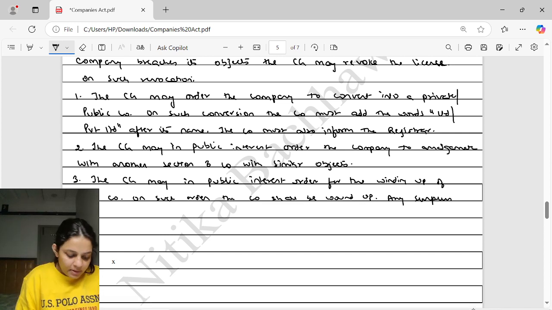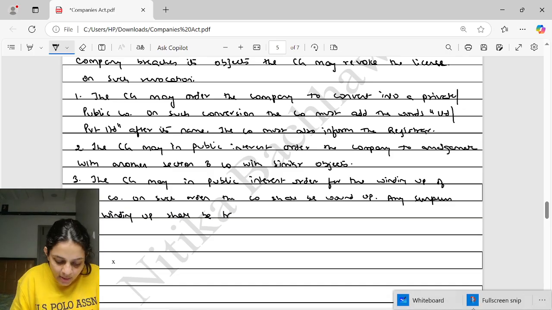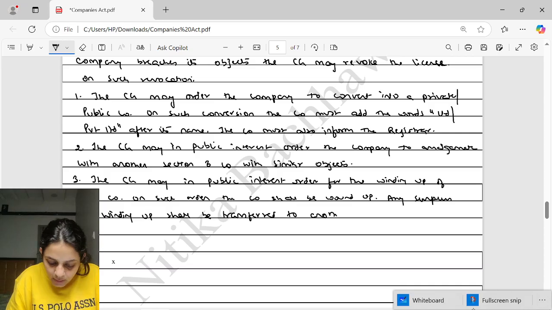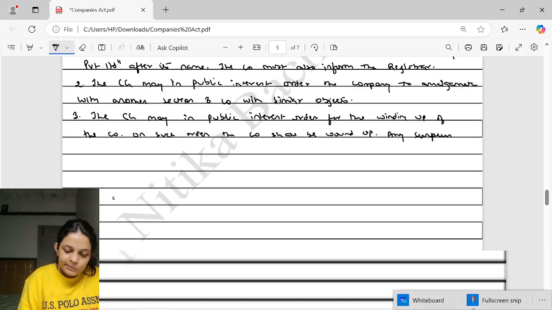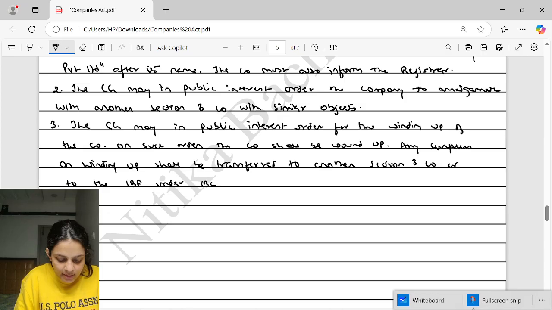Any surplus on winding up shall be transferred to another Section 8 company or to the Insolvency and Bankruptcy Fund under the Insolvency and Bankruptcy Code. You need to write full forms, please.